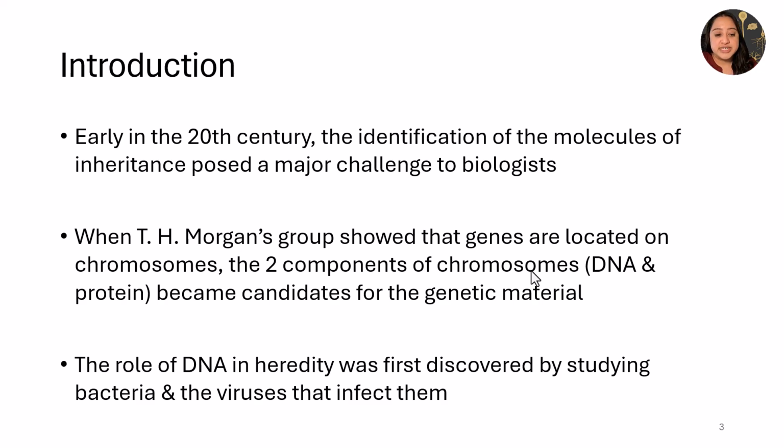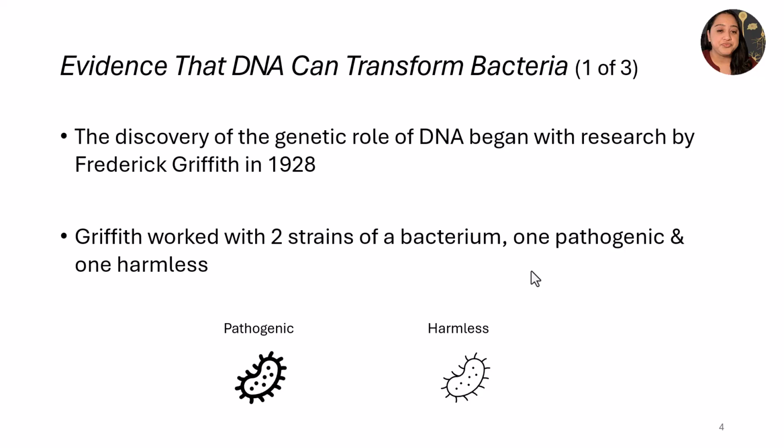The role of DNA in heredity was first discovered by studying bacteria and viruses that infected them. So now on to another group that made the next series of experiments and found, okay, it's DNA that is the important part of chromosomes that gets carried on. The discovery of the genetic role of DNA began with research by Frederick Griffith in 1928.